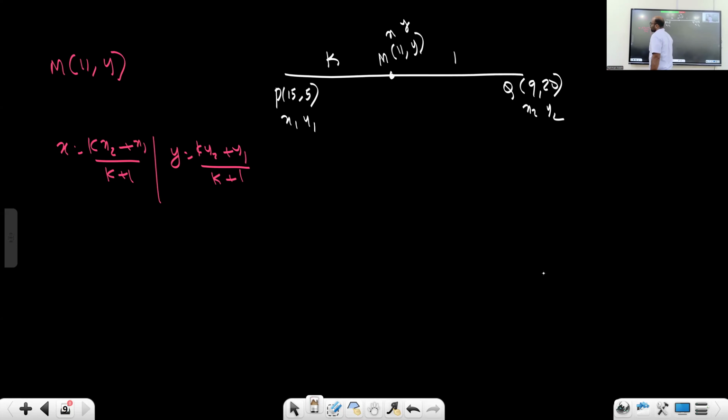Substitute everything. What do you know? X value, how much? 11. K into x2, 9, plus 15 by K plus 1. Do the cross multiplication and identify the value of K.